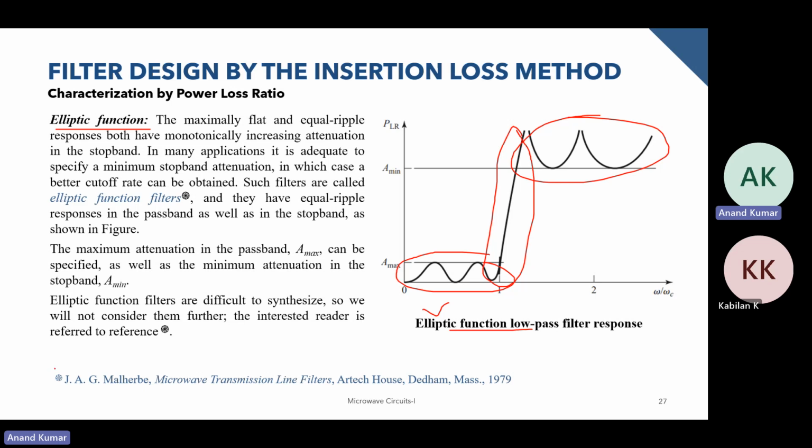If you are working on filters and want to read this in detail, you can refer to Microwave Transmission Line Filters by Mahler. You have to specify Amax and Amin and some other properties, but this is complex and out of scope for this course. But you should know that we have the elliptic function filter as well.